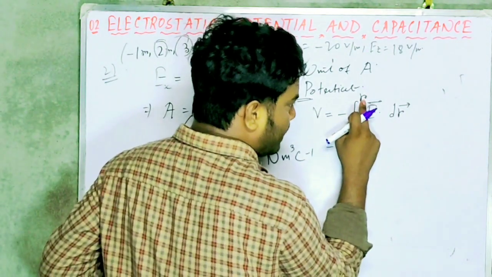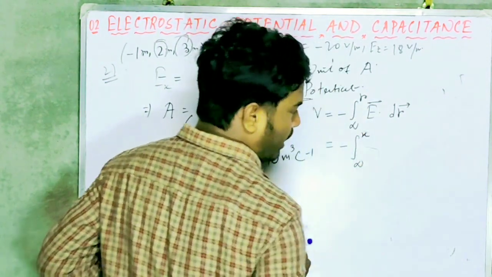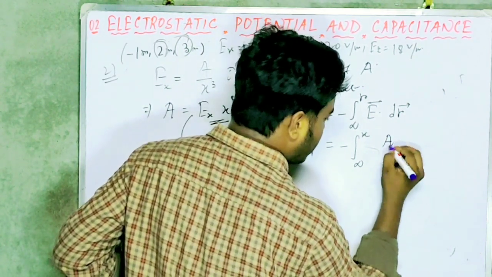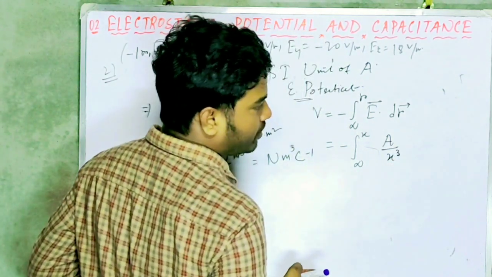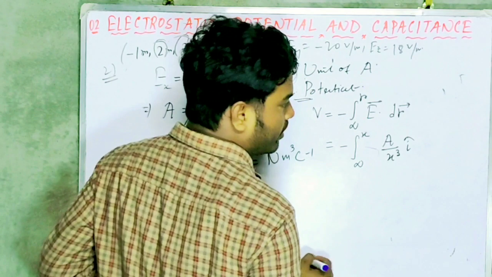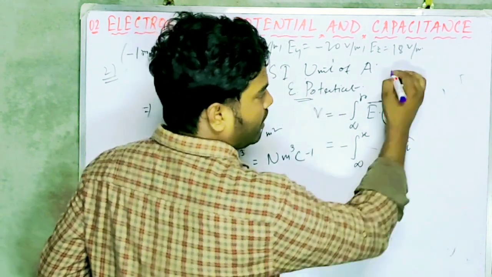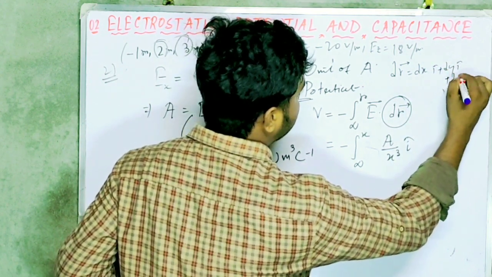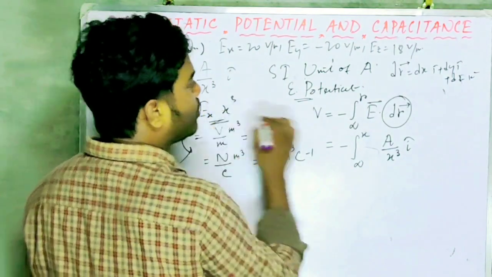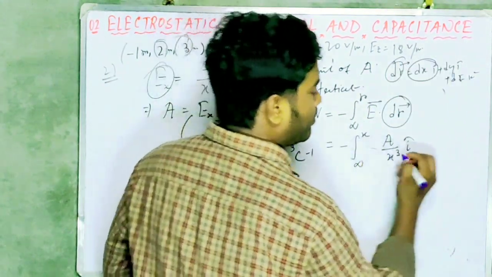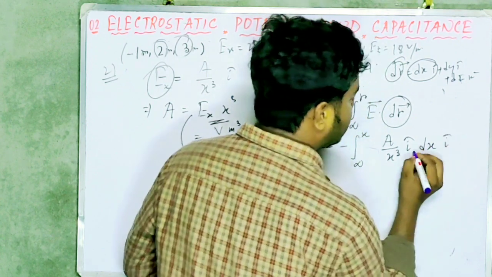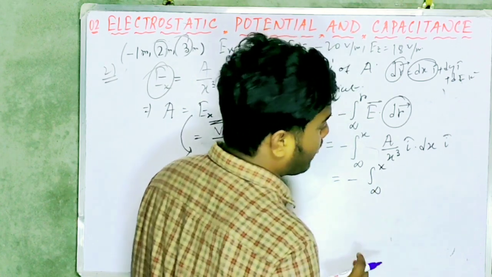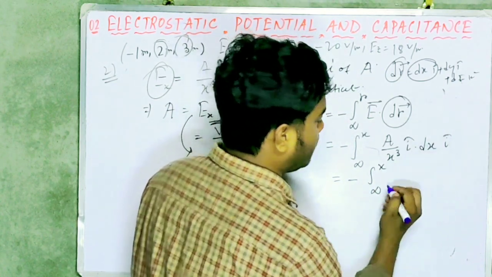So in terms of R you have to write x only, and the x component value is given as A by x cube into i cap. You know dr is dx i cap plus dy j cap plus dz k cap, but here only the x component is given, so dr will be only dx i cap.